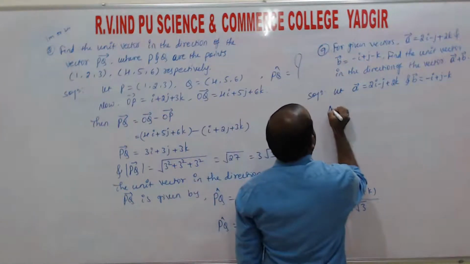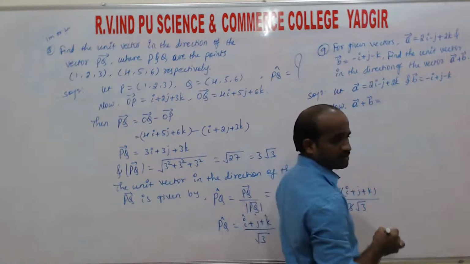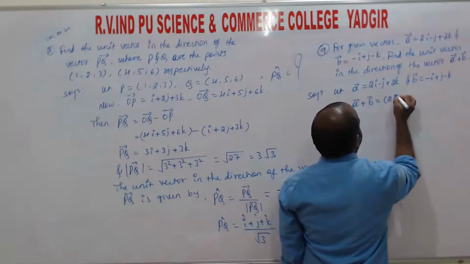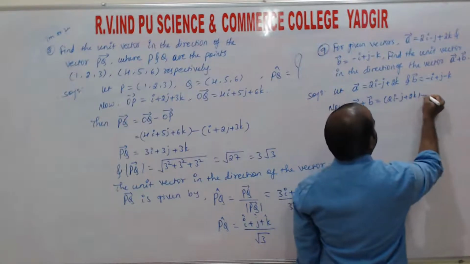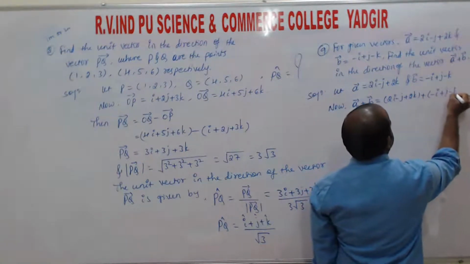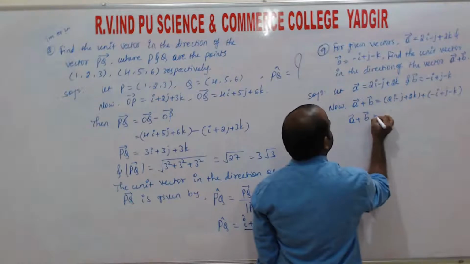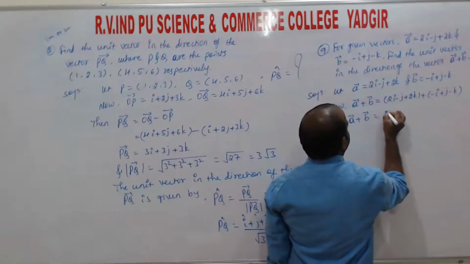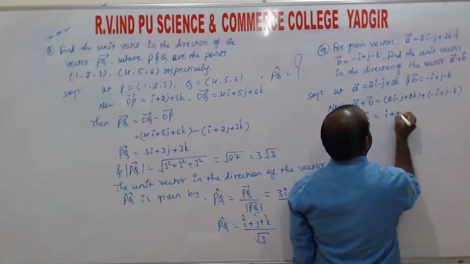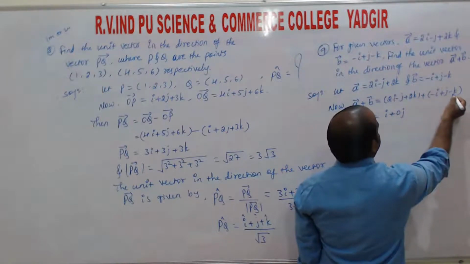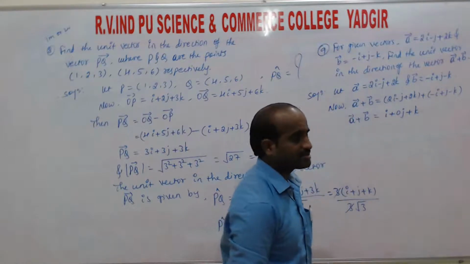Now we have to find A vector plus B vector, which is 2i minus i, minus j plus j which is 0j, and 2k minus k. This is A plus B.